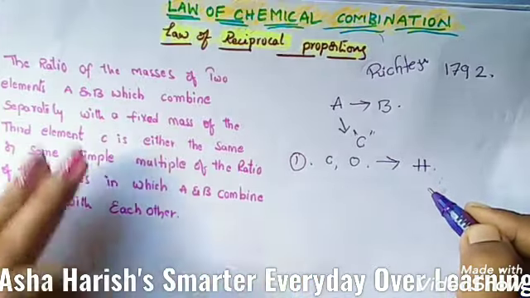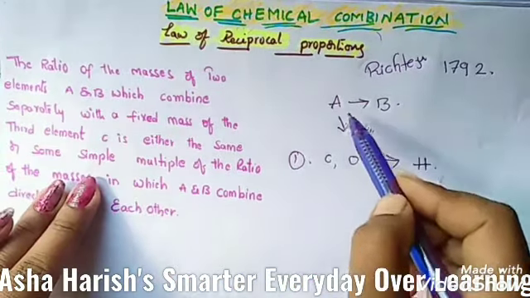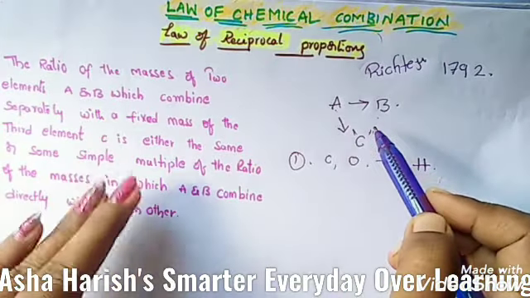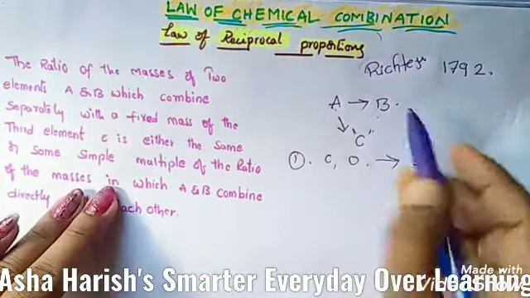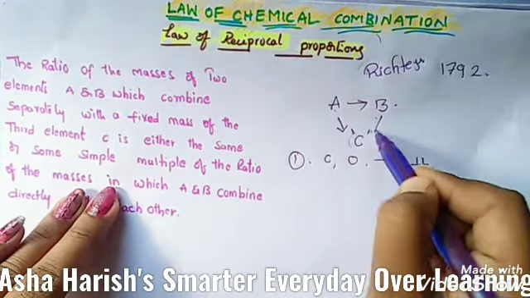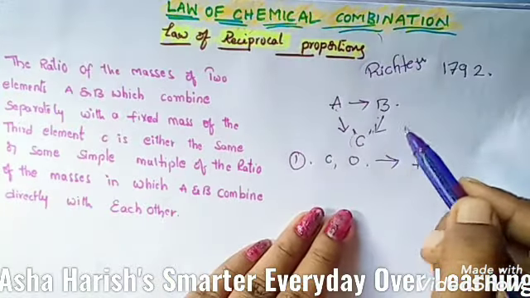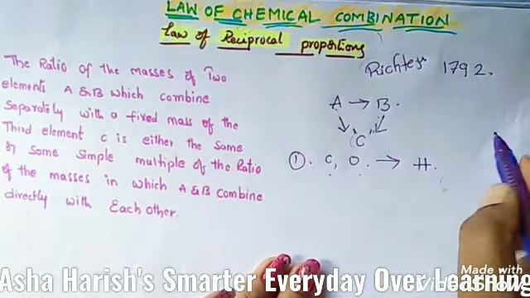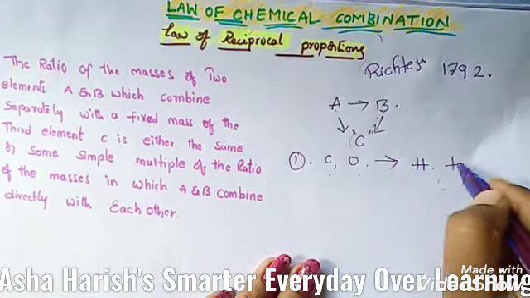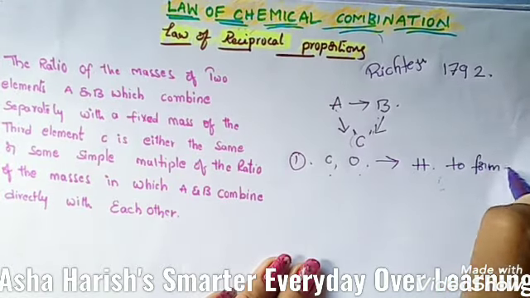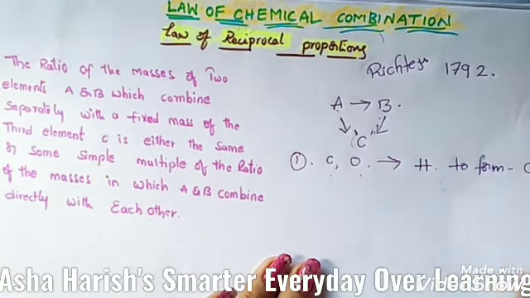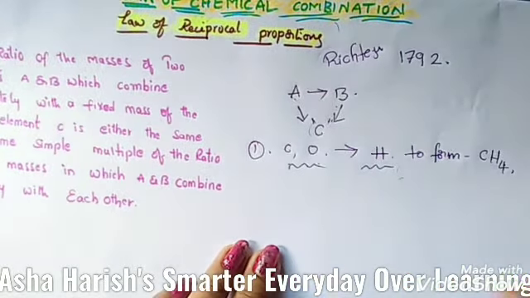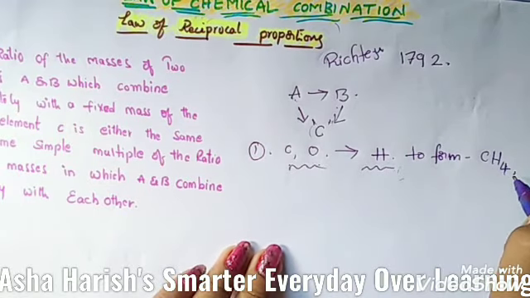As I told you previously, according to the definition, the ratio of the masses of two elements A and B which combine separately with the fixed mass of the third element C. Like that only, in the first step, carbon and oxygen combine separately with the third element H to form CH4. If these elements combine together, the formation of methane takes place.